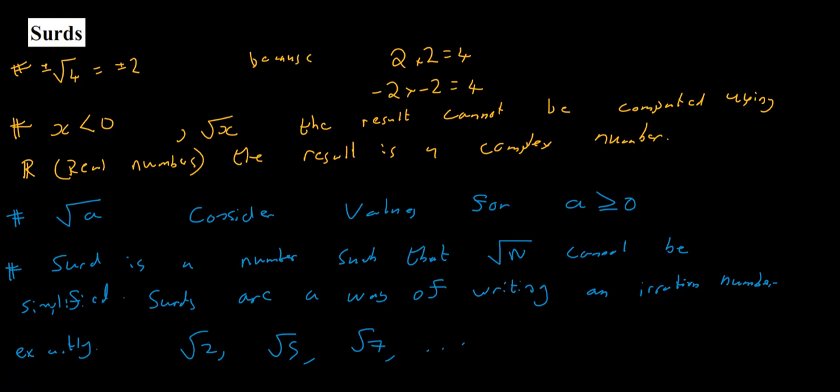So for example, on your calculator, if you type in the square root of 2, you get an approximation, 1.4142135662. That is an approximate value.